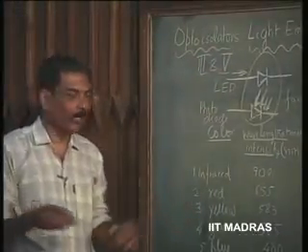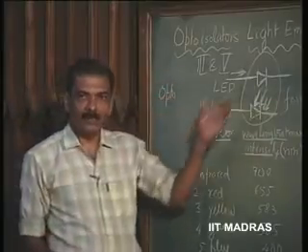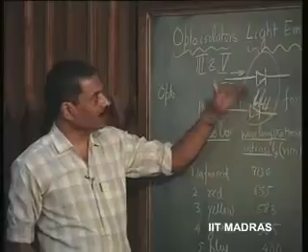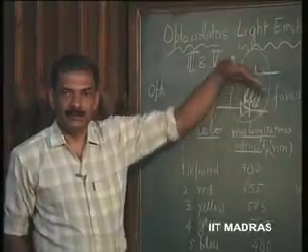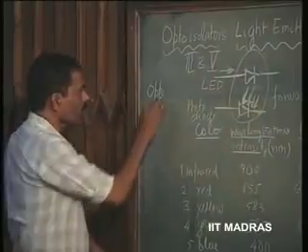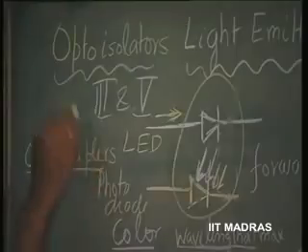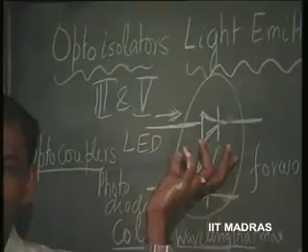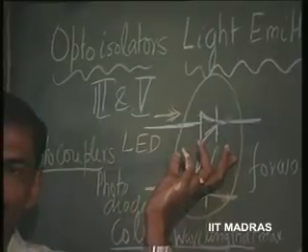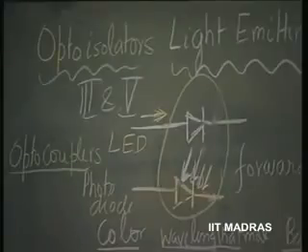Or this is also called opto coupler. This can couple as well as isolate. This will couple this signal to this. This will isolate this circuit from this circuit. So, these are called opto couplers or opto isolators. Important units like this are available for a variety of applications, where you would now rather not use transformers and things like that for isolation purposes.